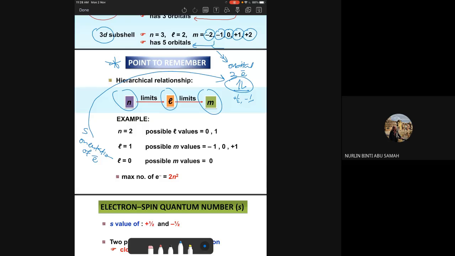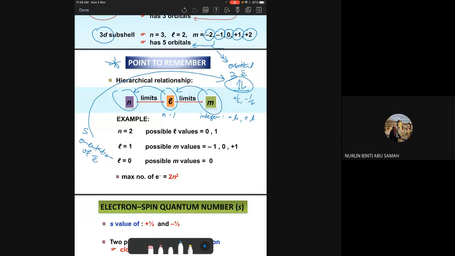So here in this slide, what is very important is that L must depend on N by following the formula N minus 1. Next, M depends on L. So how you can write? Integer, and then you can simply write negative L to plus L. So this is the concept of quantum number.